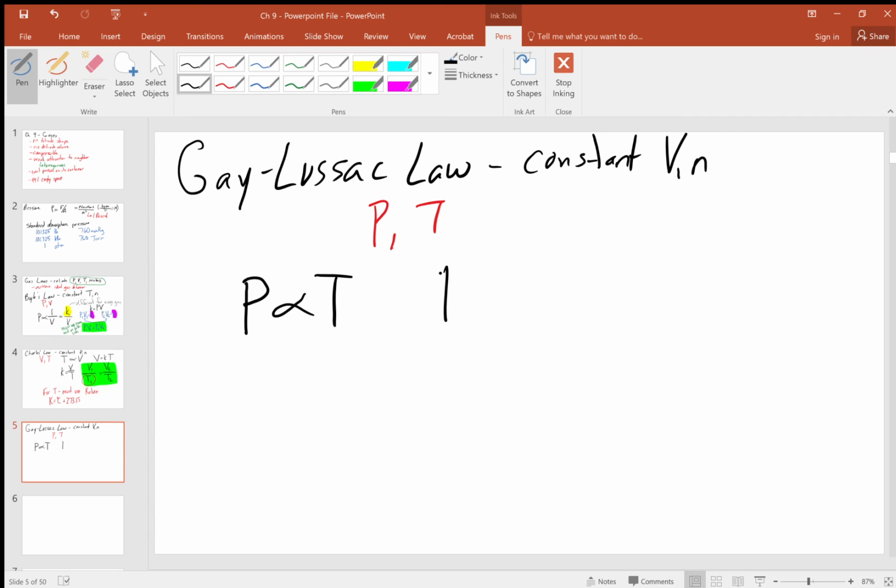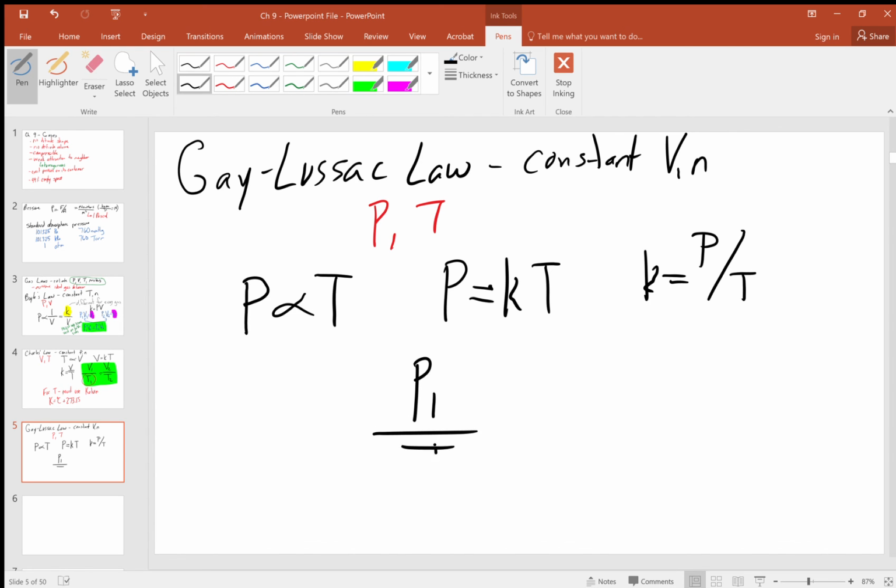So these are also directly proportional. So same thing that we did before, pressure is equal to a constant times temperature, or K is equal to P over T. And then our useful form of the equation becomes P1 over T1 equals P2 over T2.